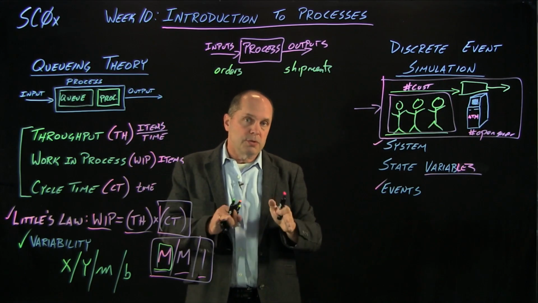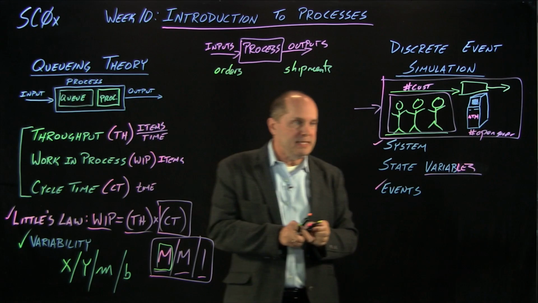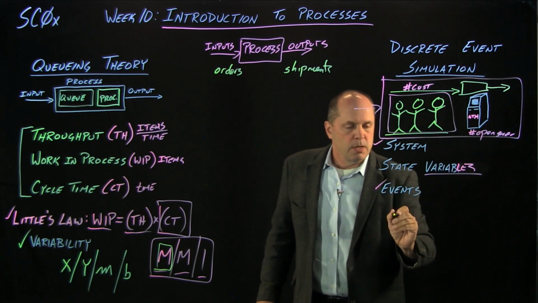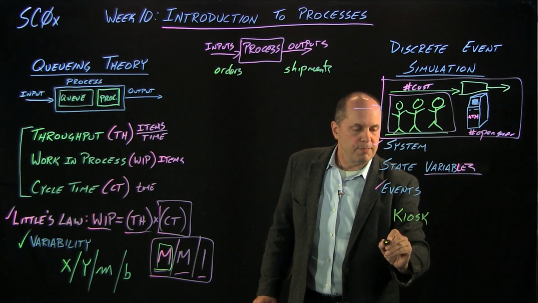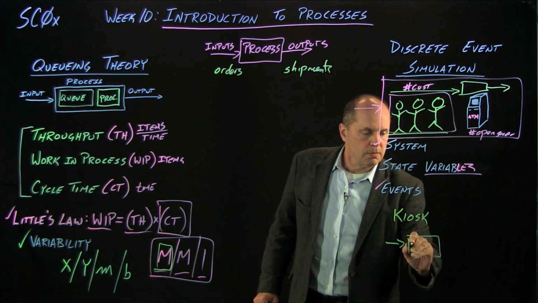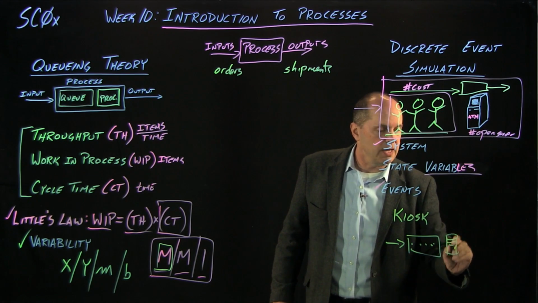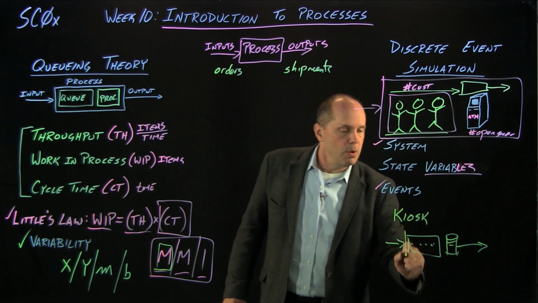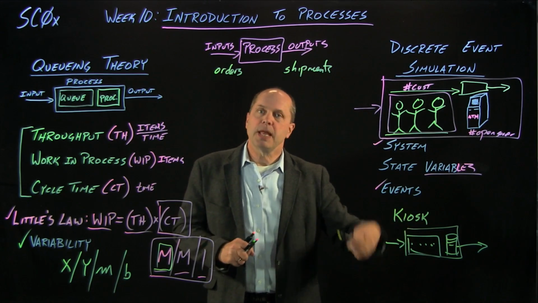And so what we're going to do during the lesson is I'm going to give you a little bit of an overview, but then we're going to go into great detail for a specific system, which is queuing at a kiosk at an airport, where you have people coming in, and they'll wait in a queue, and then there's some kind of kiosk here that will serve them, get their airline tickets, and then go. And what we'll do is we'll build this system using a software package, and we'll keep adding complexity to it.